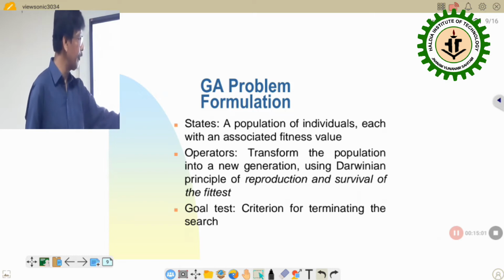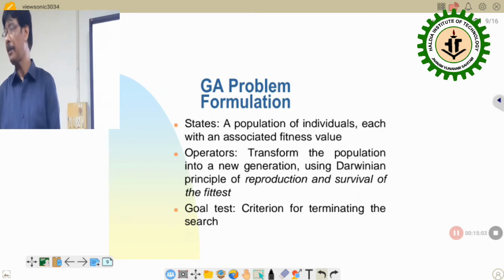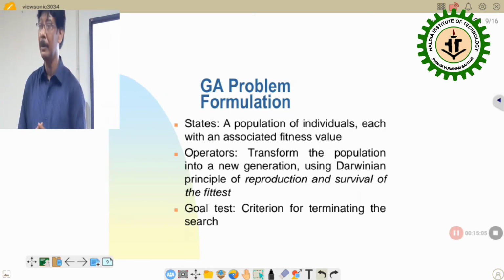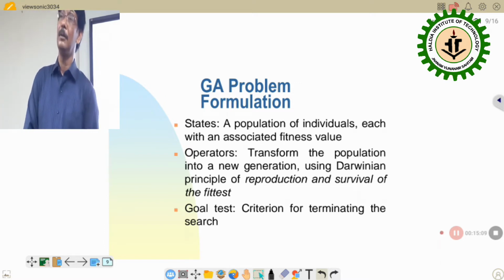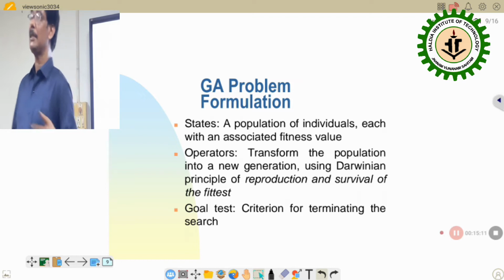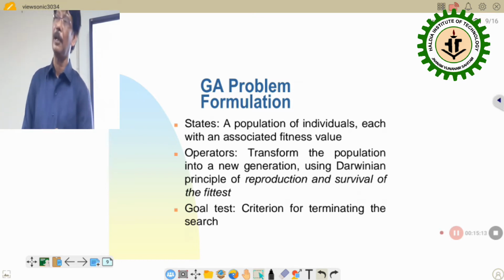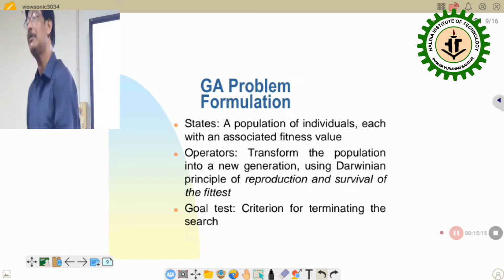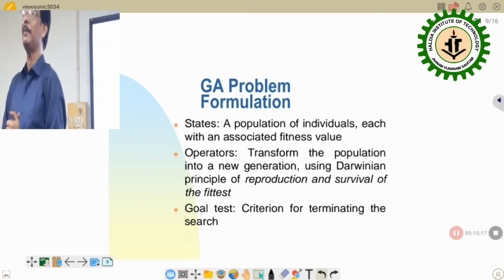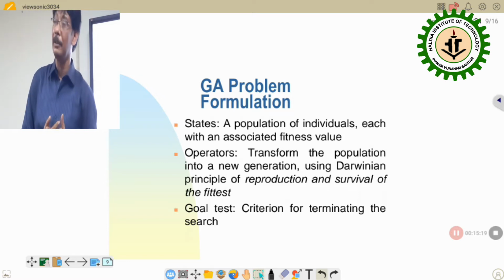Then there are criteria for terminating the search. That criteria I told you is when you will terminate the algorithm. Whenever you find that the best solution, up to a precision level of 2 decimal places or 5 decimal places, is the same in 2 consecutive generations, then you can terminate the algorithm. So you can accept that result. This is the final result.